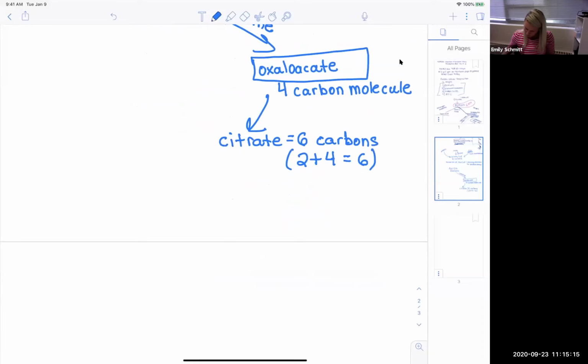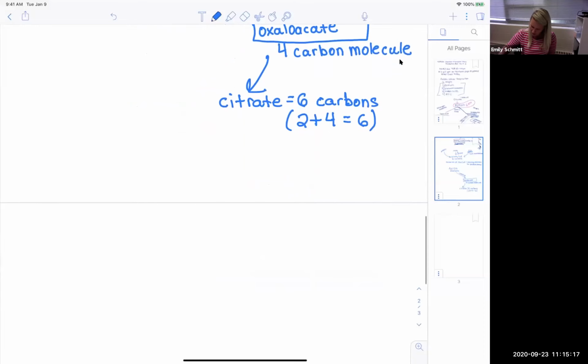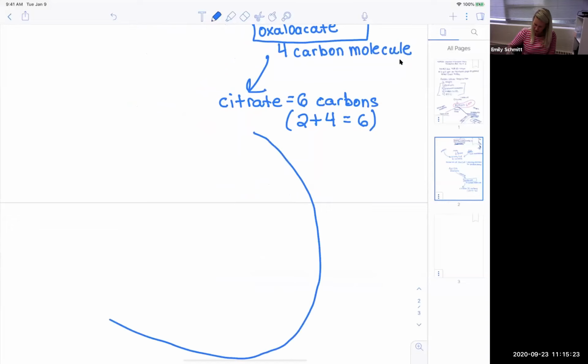So now we are going to continue along with our Krebs cycle.